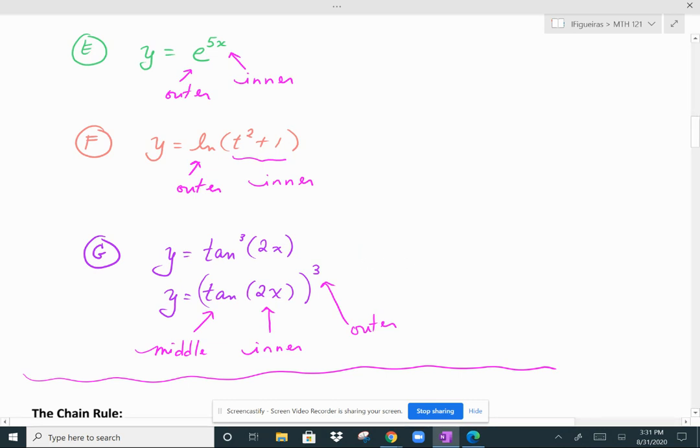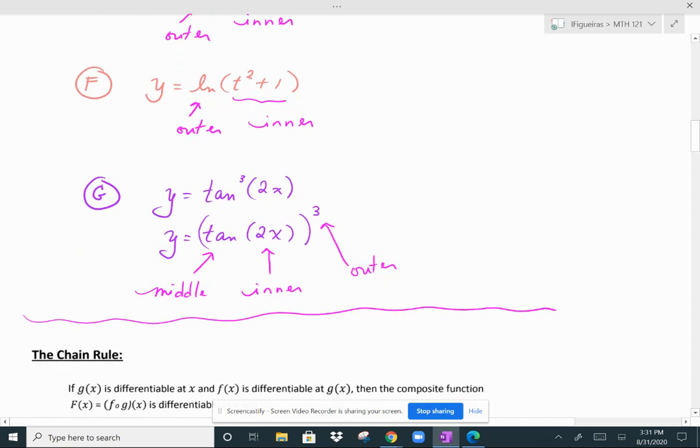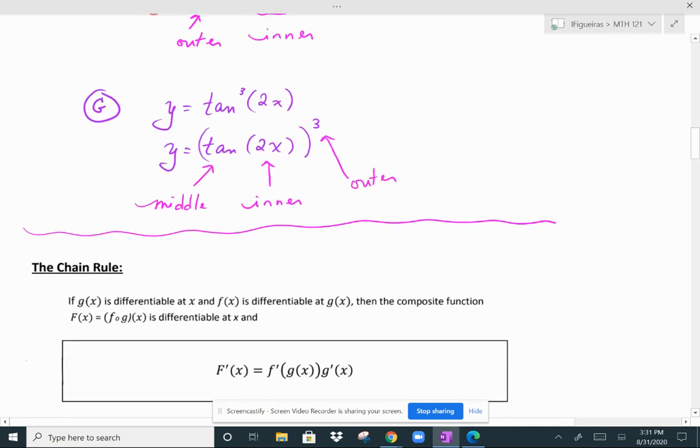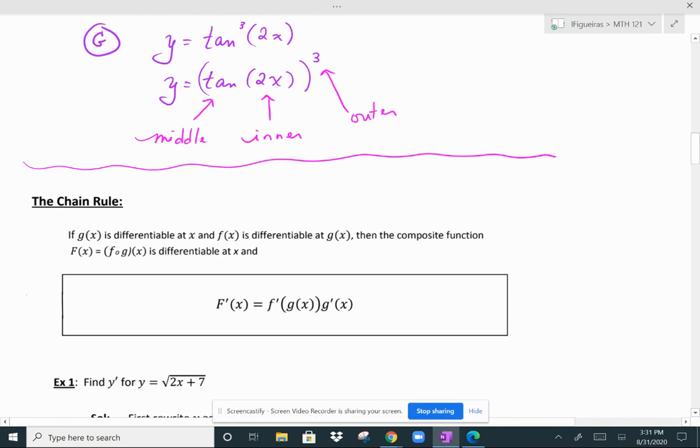All right, so now that we understand composite functions, we're going to present our chain rule.